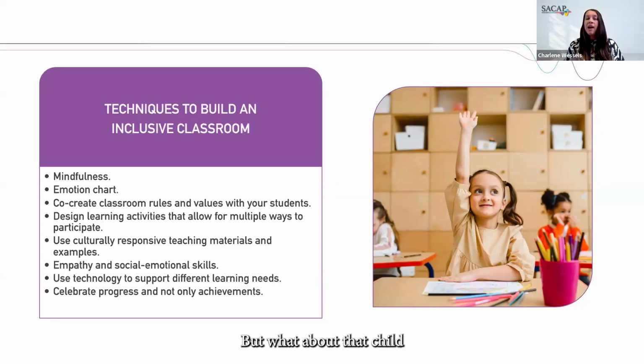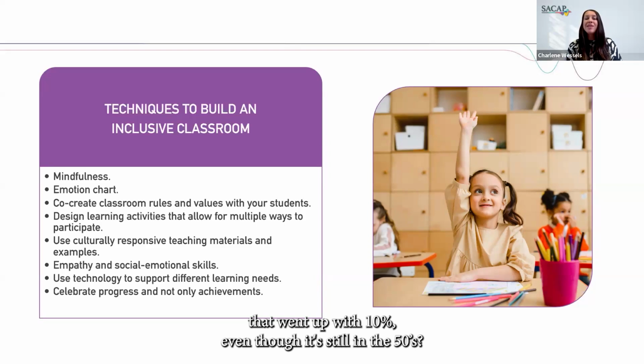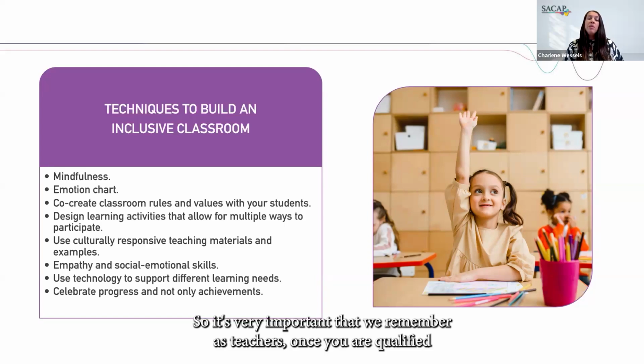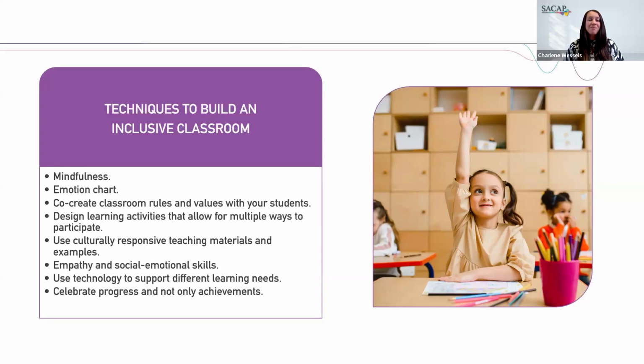But what about that child that went up with 10%, even though it's still in the 50s? That child actually progressed so much. So it's very important that we remember as teachers, once you are qualified, to celebrate the progress that kids make and not only the achievements.